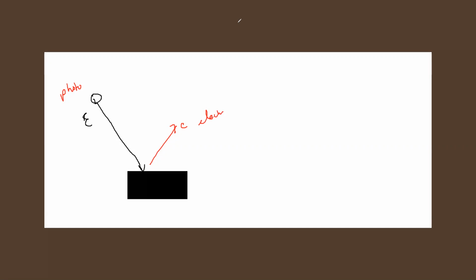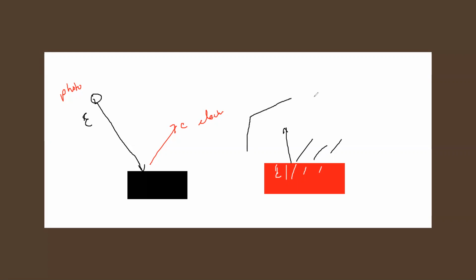There's also another way of removing electrons from a metal, called thermionic emission. In thermionic emission, we heat the metal, so the electrons have sufficient energy and come out from the metal surface due to the heat. Then they are accelerated. But how do we accelerate them? We use an electric field to accelerate these electrons.